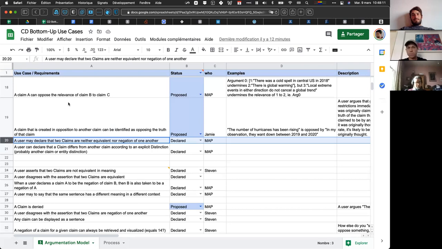I would maybe want to make it more simple and explicit, if we can come up with a better example, like the fact that something is true means something else.